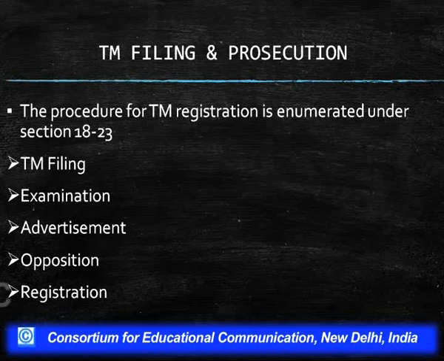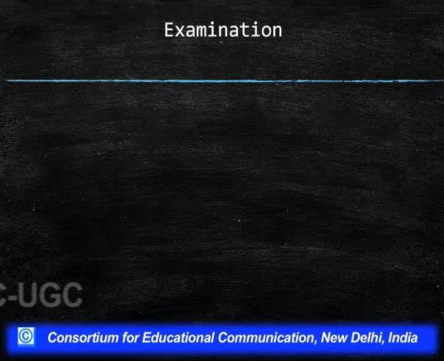So the entire prosecution of the trademark registration is in front of you now on your screen, and it includes 5 important aspects: trademark filing, examination, advertisement, opposition, registration. Let us take up all these aspects one by one.